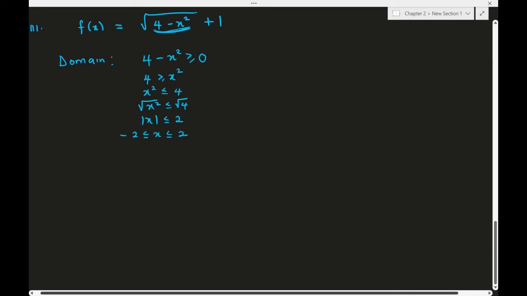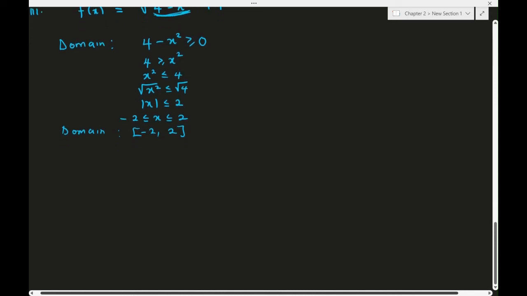So this becomes the domain. The domain in this case is minus 2 closed to 2 closed. So we can see the domain is restricted, and this will affect what the range will be.